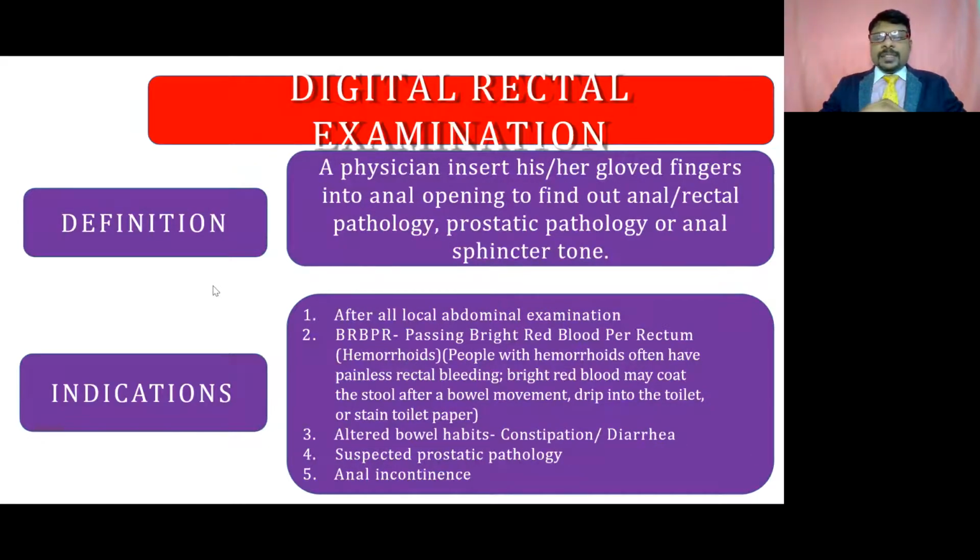In the digital rectal examination, the definition is that a physician inserts his or her gloved finger into the anal opening to find out any anal or rectal pathology, any prostatic pathology, or the anal sphincter tone.